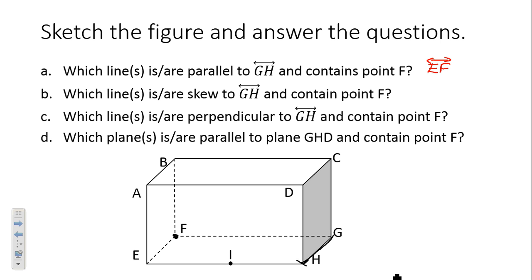IF would be one. It's not a line that's actually pictured. But does everyone see how they would be skew? They don't lie on the same plane. Oh, actually they would lie on the same plane, wouldn't they? They would lie on this plane down here. Okay, so IF doesn't work.